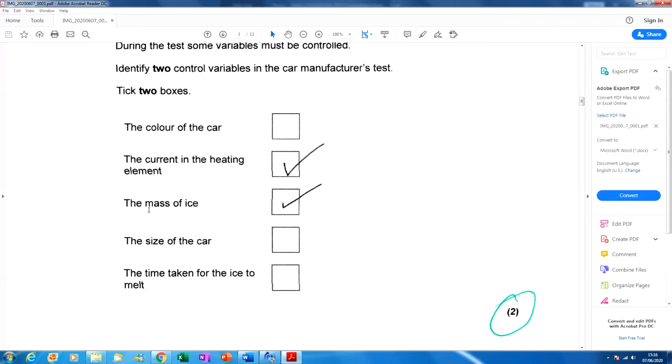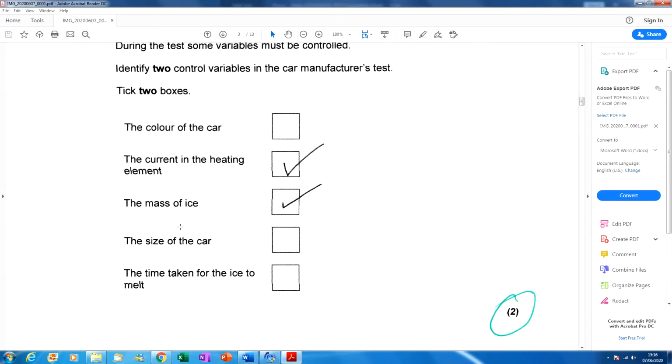So the mass of the ice is the other control variable, because if you have more ice for a heating element to heat up in one case compared to another, well, it's obviously going to need more energy to melt that ice, and so you couldn't compare your results in those cases. The size of the car doesn't make any difference.